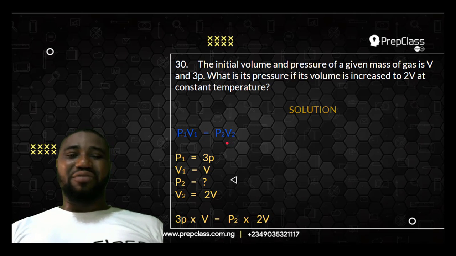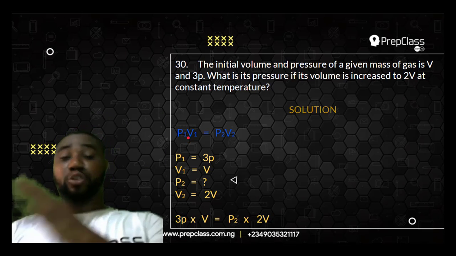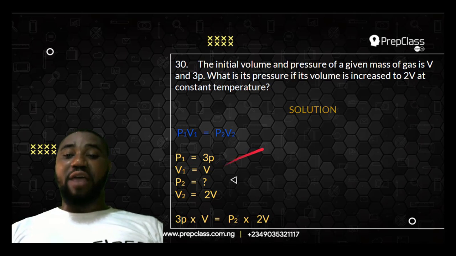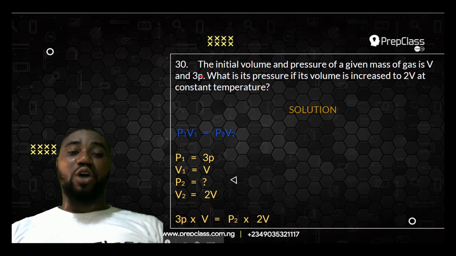Because the pressure of the given gas is inversely proportional to its volume, when you apply the proportionality constant, it gives you P1V1 equals P2V2. So P1 is the initial pressure of 3P, V1 is the initial volume V. They're asking you the new pressure, unknown.